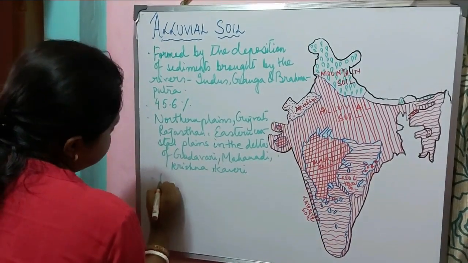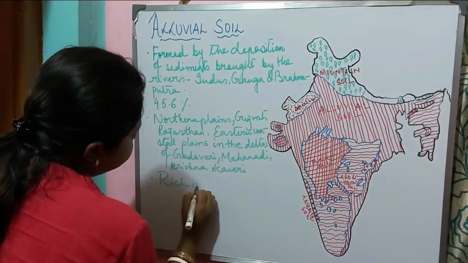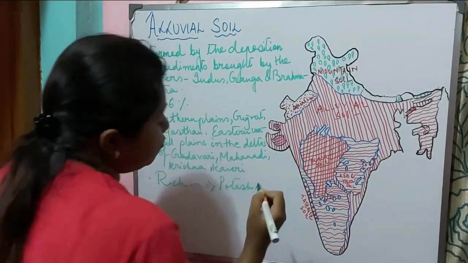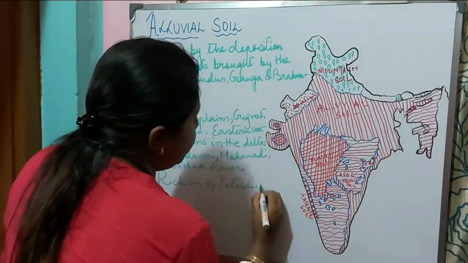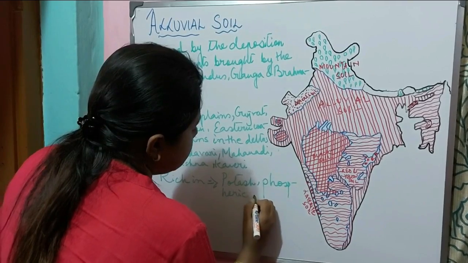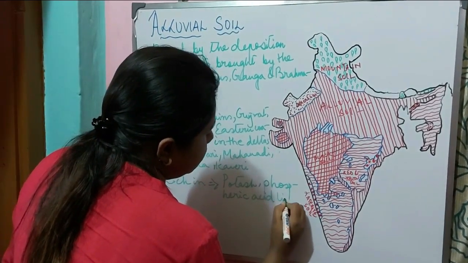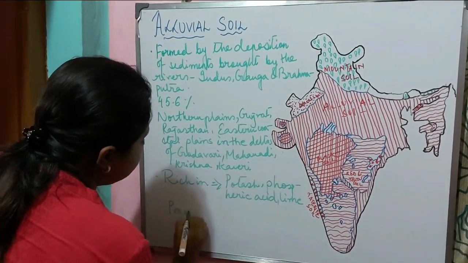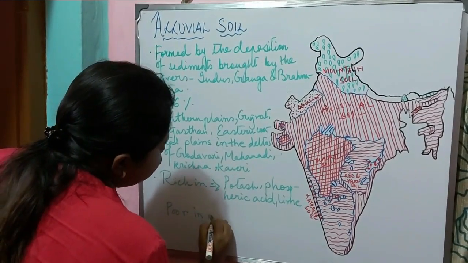Alluvial soil is rich in potash in terms of mineral composition. It is rich in potash, phosphoric acid and lime. But it is poor in nitrogen.